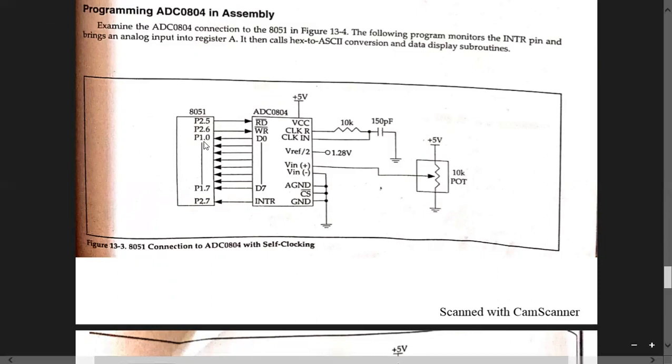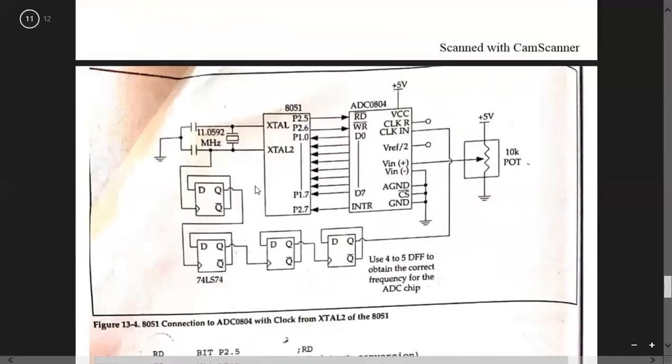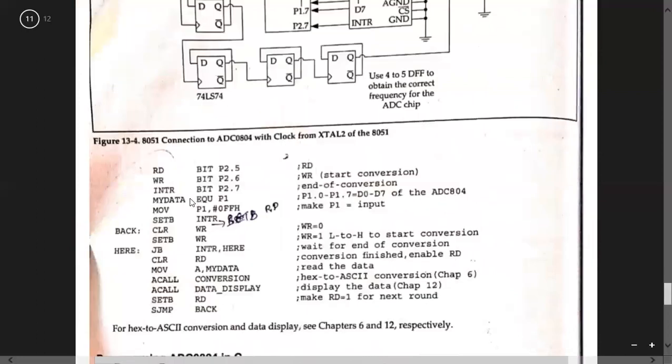P1.0, P1.1, P1.2, 1.3, 1.4 till 1.7, all together are called port 1. So all the pins together are used for what? Data. So that is the reason here we are giving my data equal to port 1.